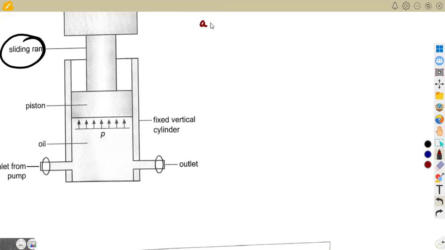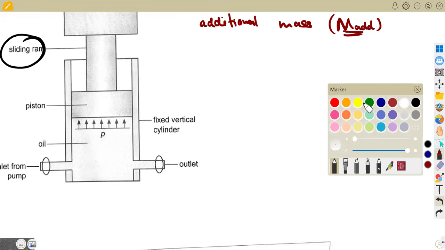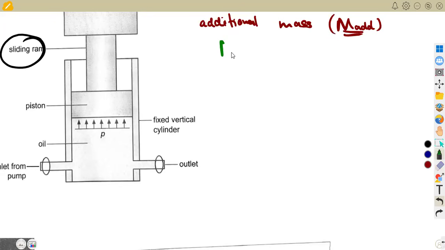I'm just going to write it as MAD, like additional mass. The additional mass is simply taken from the total mass, because the total mass consists of the mass that is on the ram, the mass of the ram, plus the additional mass that is required to act as a weight.